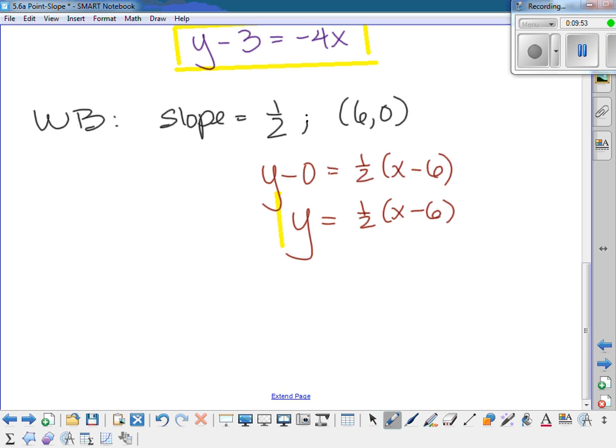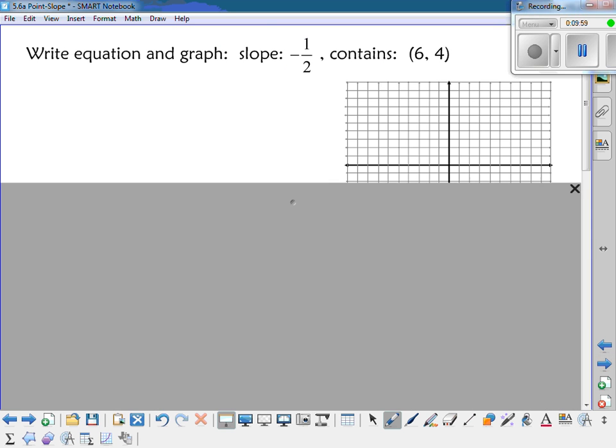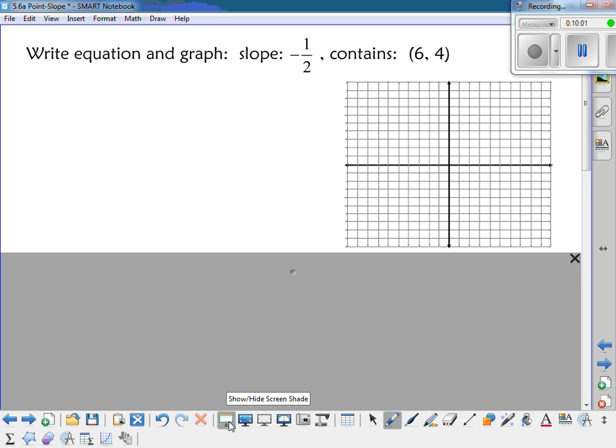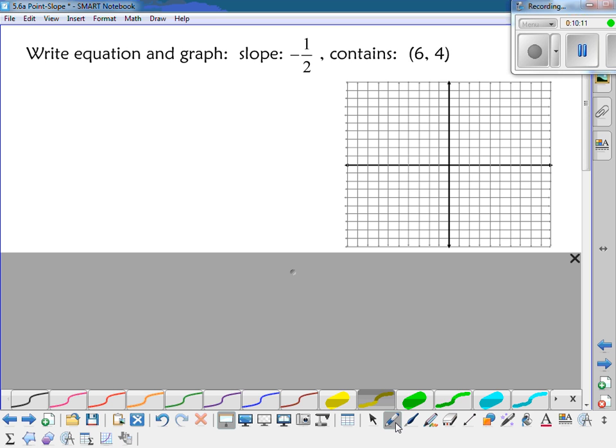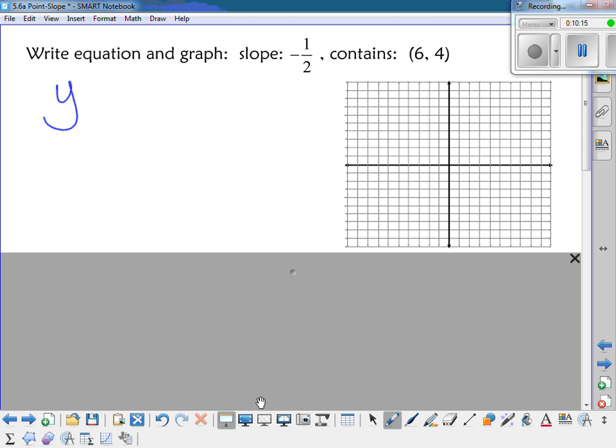Okay. All right, so next we are going to write the equation and then graph it. So for this example, I'm going to write the equation of a line with a slope of -1/2, and it contains the point 6, 4. So again, it's y minus y sub 1 equals m times x minus x sub 1.